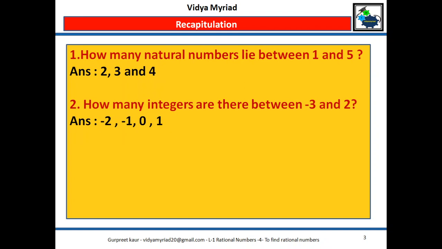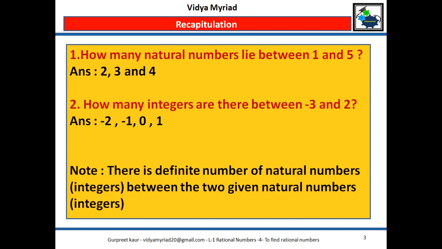It means that there is a definite number of natural numbers or integers between two given numbers. So if I ask what numbers lie between 16 and 20, you can very well know that after 16, 17, 18, 19 will come.